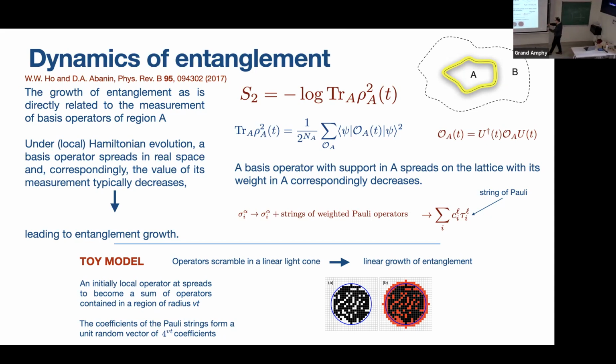The overall weight should be 1, and so by spreading out of the region, the weight of the contribution in the region A is decreased. It is just this uniform spreading of the information which leads to this linear increase of entanglement, which is also related to what you mentioned in terms of the author.